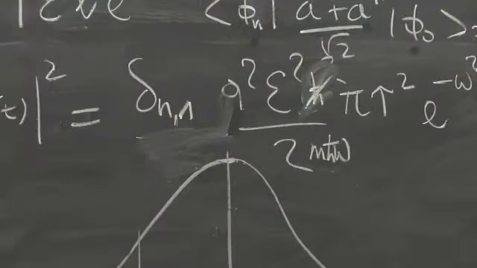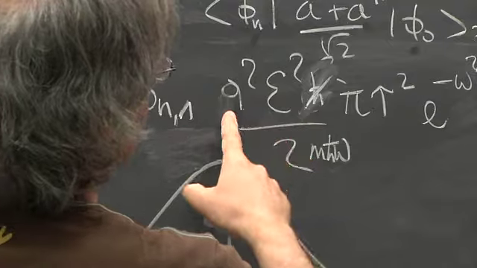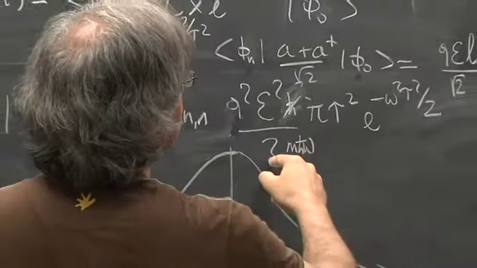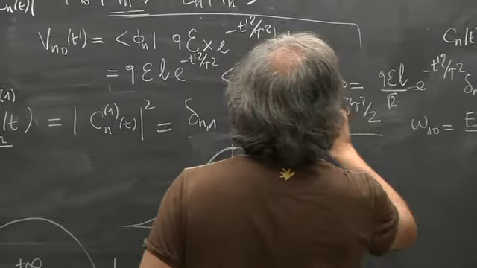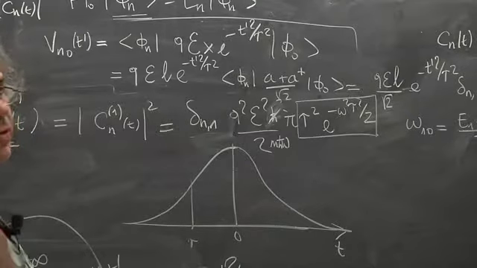Okay? So this is the result. Some electric field square, charge square, m, the energy of the oscillator, some pi's and 2's, and then the crucial object that is this tau square e to the minus omega square tau square over 2.